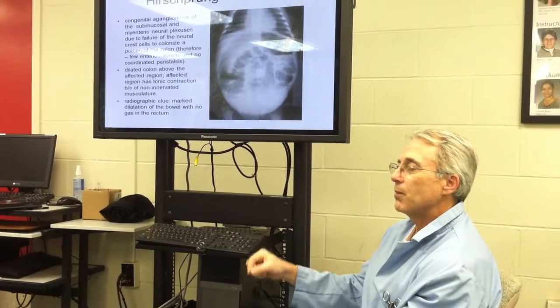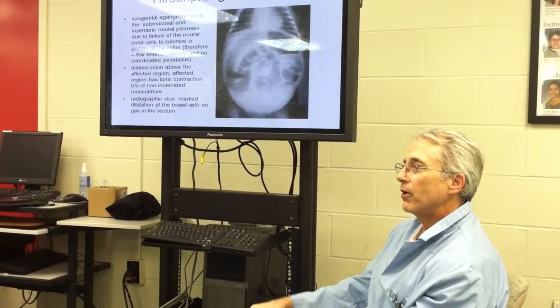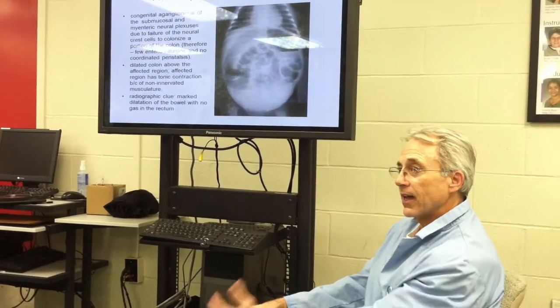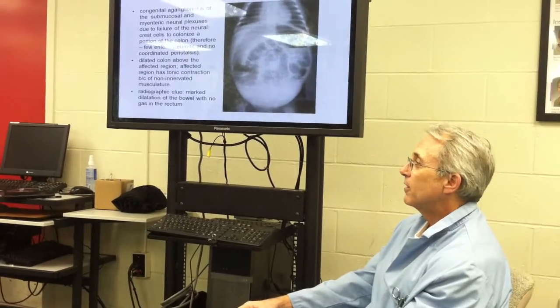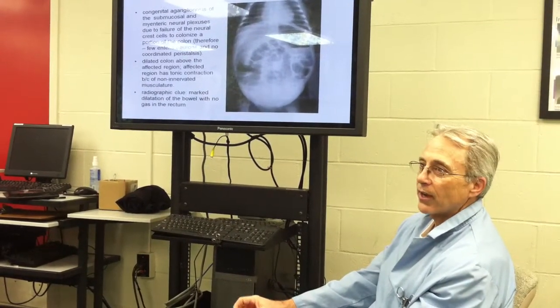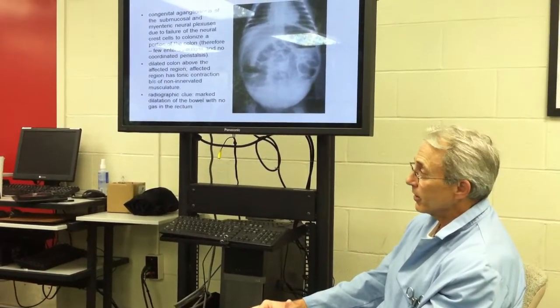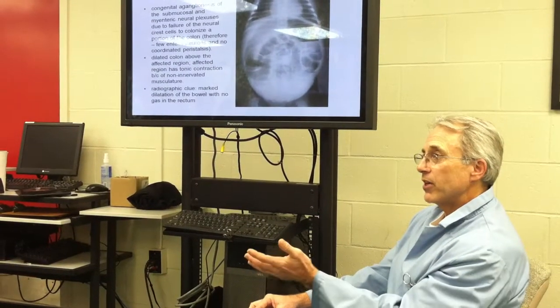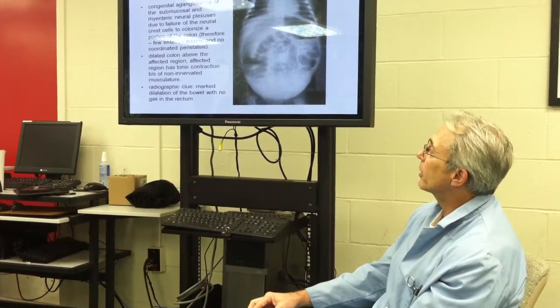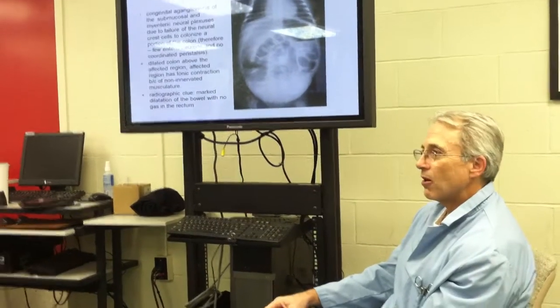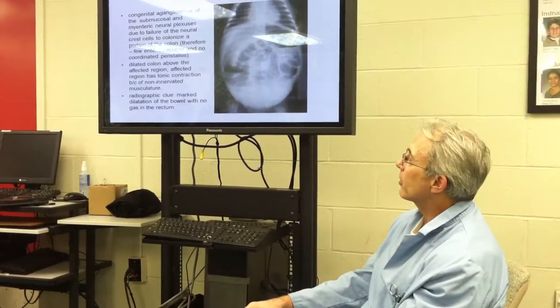So it's a particular type of megacolon where during development you didn't get colonization at that particular portion of the GI tract. Usually it affects the rectal area, and maybe in 80% of the time all the way up to the mid-sigmoid colon area, and less often does it affect more of the large intestine.